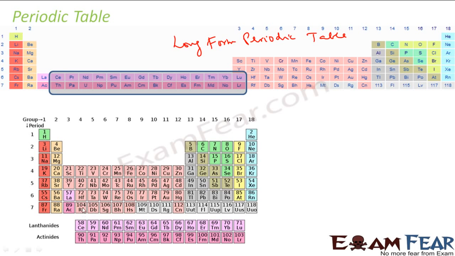If you see, we have atomic number 57 here, and then from here you start with 58, and similarly actinides start at 89, actinium 89, and then thorium 90. So this is how it is. There is a connection. Just to squeeze it, this part is down.